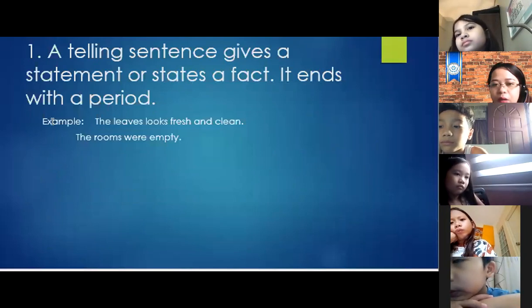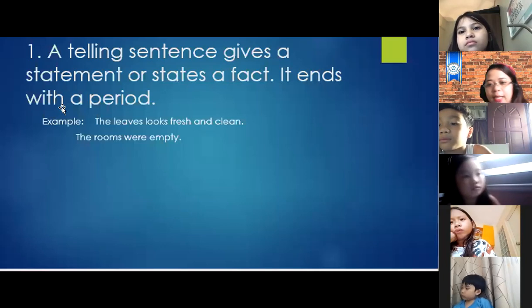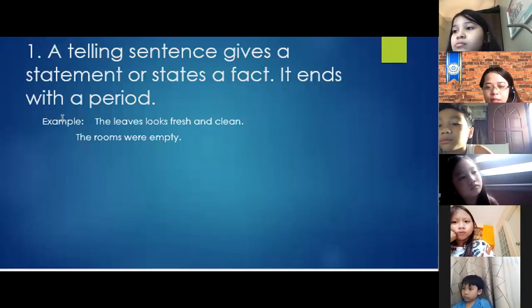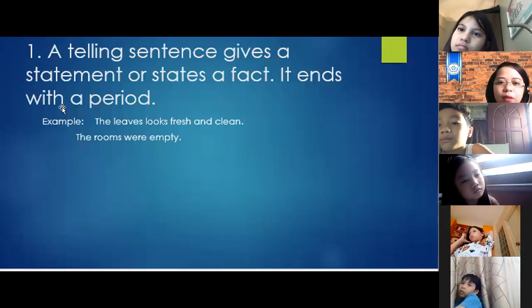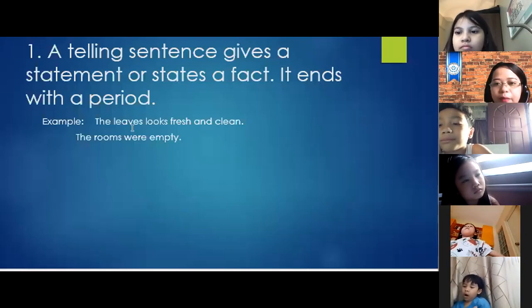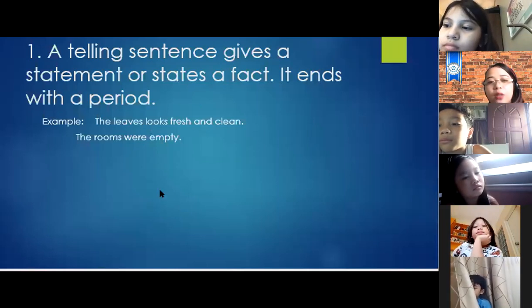For example, the leaves look fresh and clean. The rooms were empty.